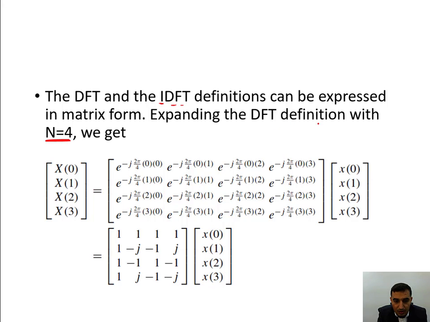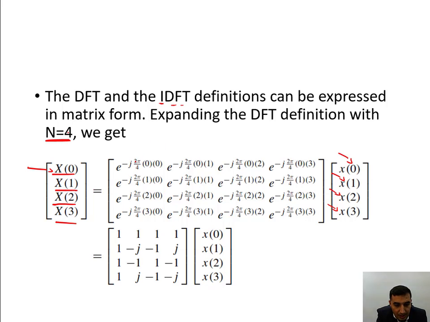n, which is the number of rows, is equal to 4. We get x of 0, x of 1, x of 2, x of 3. These are from 0 to 4. This is the output. The input is x of 0, x of 1, x of 2, and x of 3.